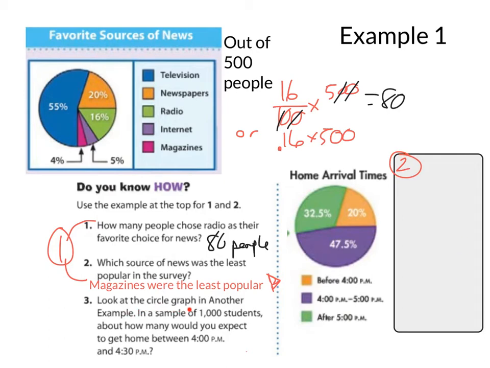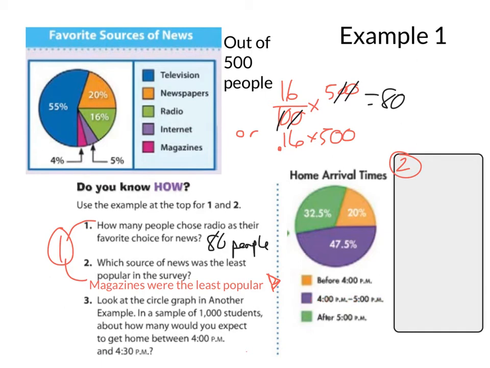Looking at this circle graph, on another example, in a sample of 1,000 students, about how many would you expect to get home between 4 and 4:30 p.m.? Which color is between 4 and 4:30? Oh, they don't have a color for it, but 4 and 4:30 lies in this purple space, though it's not the whole time. It's actually half of the time given here.